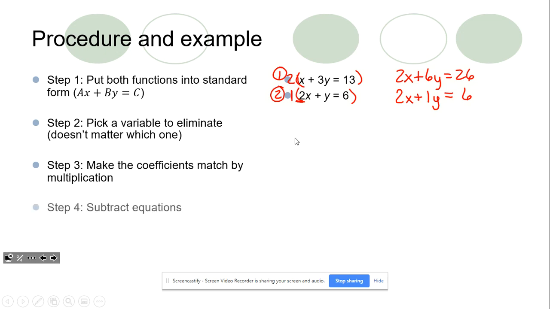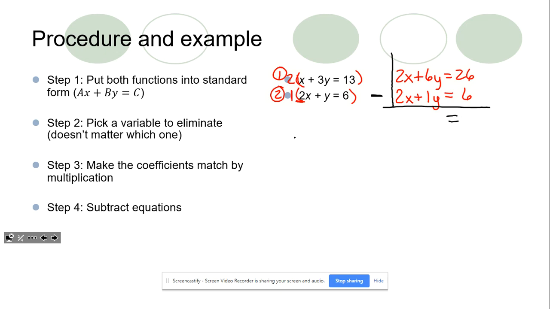Next is to subtract the two equations. Now, for me, I like to put a line right here and put the subtraction sign on the outside. That reminds me that I need to subtract each time. So I start all the way over to the right. 26 minus 6 gives me 20. 6 minus 1 gives me 5.